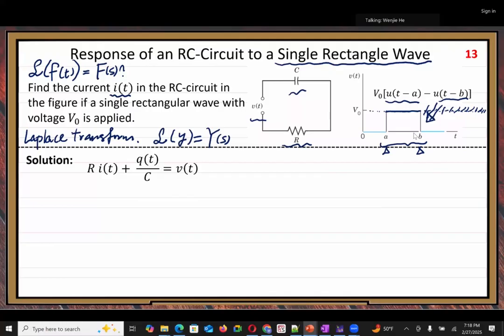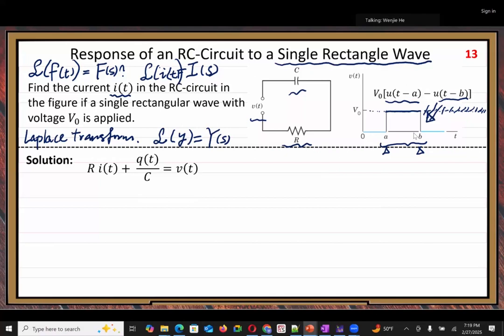So here we want to use capital I of s to represent the Laplace transform of the little i function, i of t. Because here, in order to separate from the complex symbol i, we use little i of t. That's the reason people use little i.